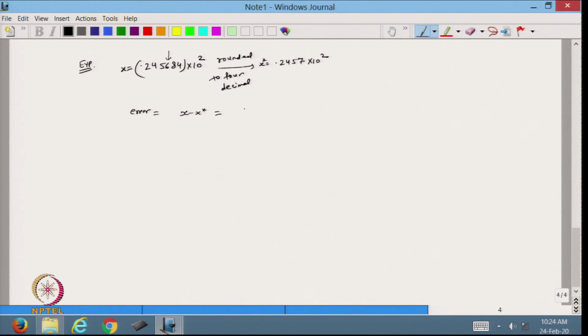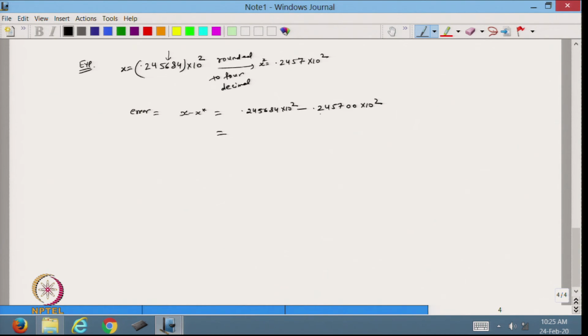My x is 0.245684 into 10 raised to power 2, minus the rounded number 0.2457 into 10 raised to power 2. The rounded number becomes bigger than the previous number.